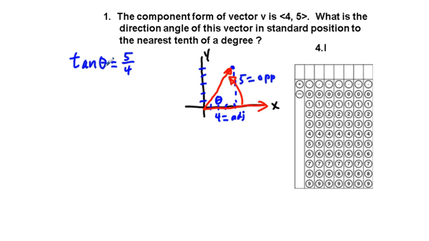To isolate theta, we take the inverse tangent of both sides of the equation, so theta is equal to inverse tangent of the fraction 5 over 4.